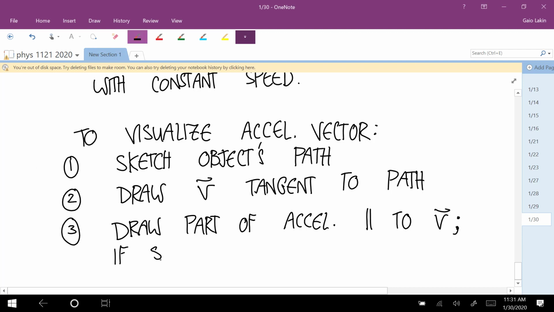If the object is speeding up, this vector A parallel is in the same direction as the velocity.